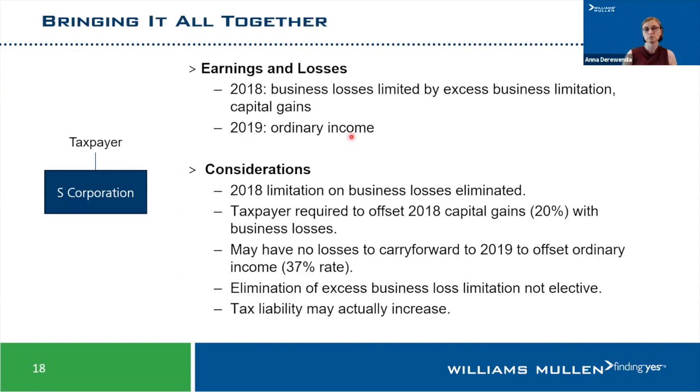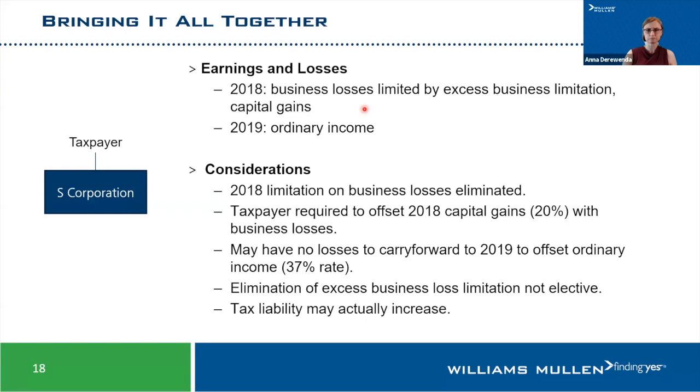with a situation where same setup, and the taxpayer owns the S corporation, and in 2018 they had business losses that were limited by the excess business limitation, but they also had capital gains in that year. And then in 2019 they had ordinary income. So it's the same beginning analysis.